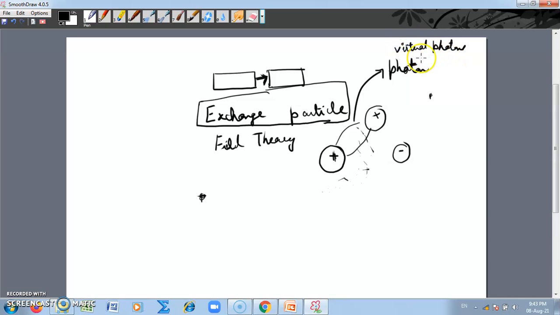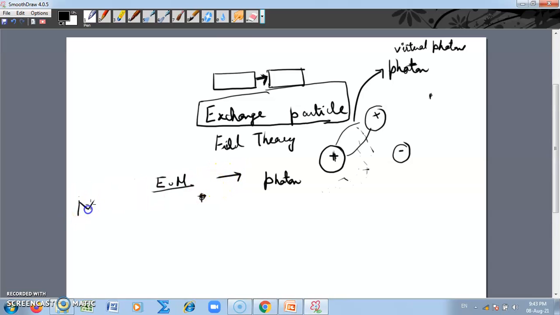You will be learning these things in your postgraduate classes. For your undergraduate classes, it is enough to know that for electromagnetic interaction, which is one of the 4 types of interactions we have learned, it happens through the exchange of a particle called the photon, our well-known photon.